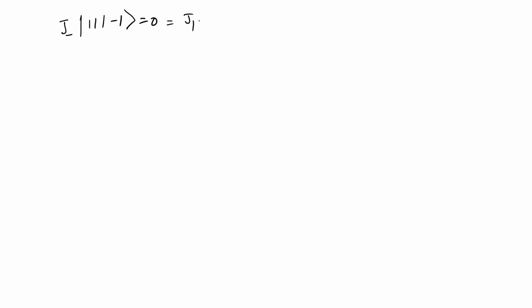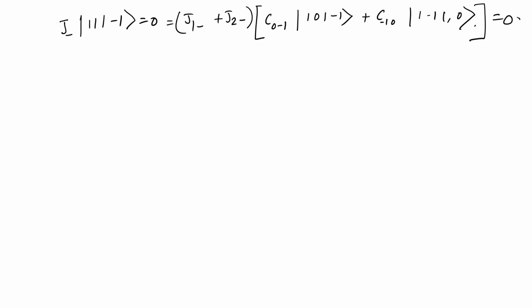So, this is given by j 1 minus plus j 2 minus, and this is equal to C 0 minus 1, and then we have these, 1 0 1 minus 1, that is j 1 m 1 j 2 m 2, plus C minus 1 0, and we have 1 minus 1 1 1 0, and so on, and this is equal to 0.